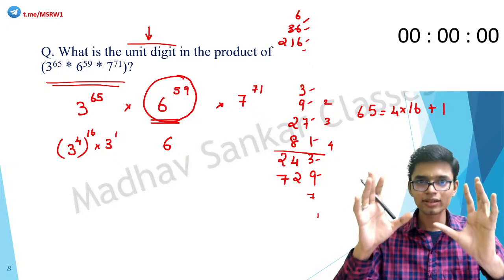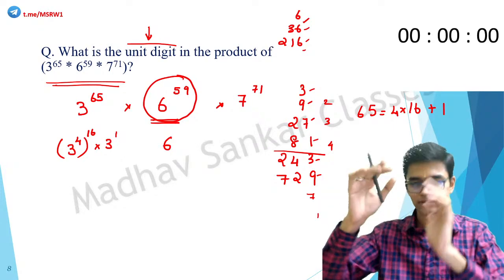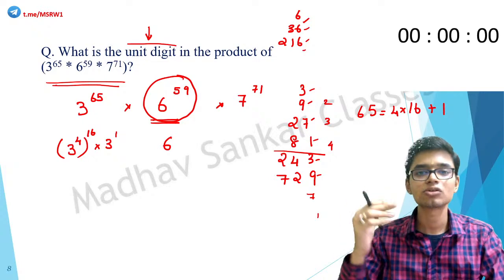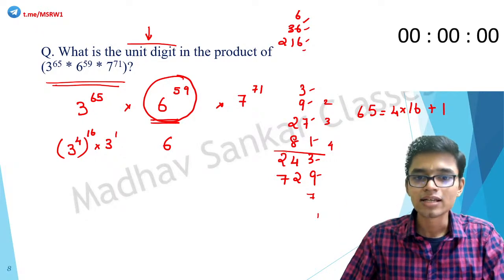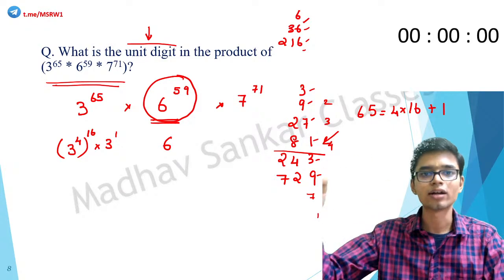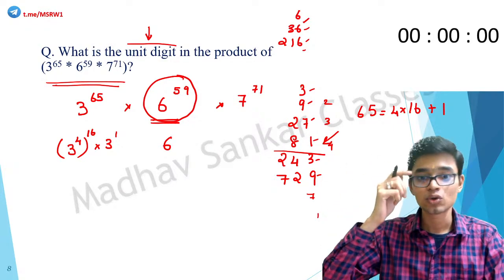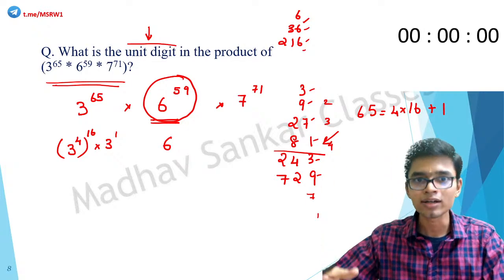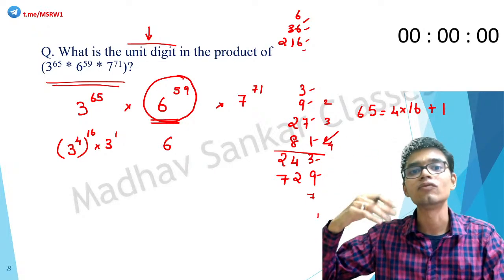Why are we putting it into the powers of 4, or into the multiplication of 4? Because it is the 4th power that ends with 1. So if we have anything that ends with 1, the powers of that will also end with 1.